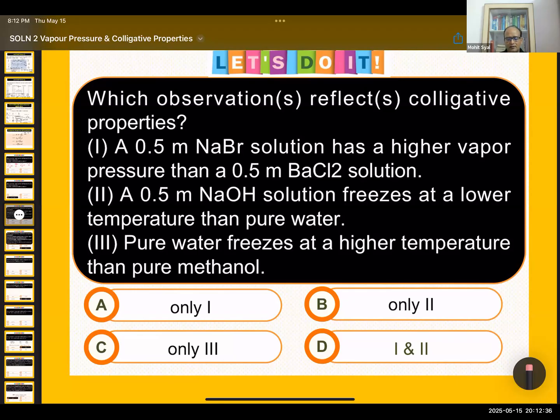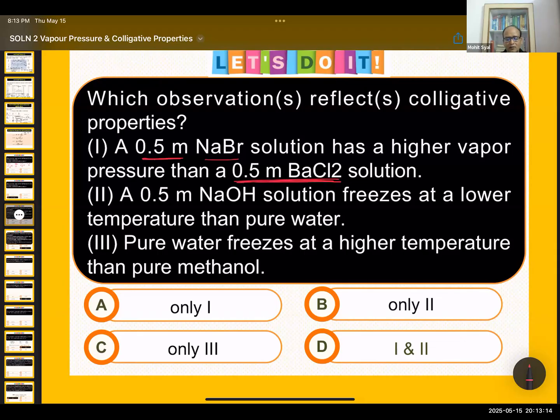So let's do this. Which observation reflects the colligative property? This is 0.5 molar NaBr solution having higher vapor pressure than 0.5 molar barium chloride.